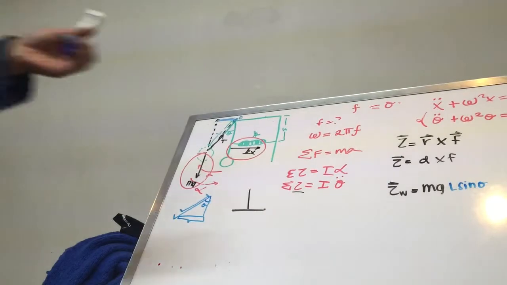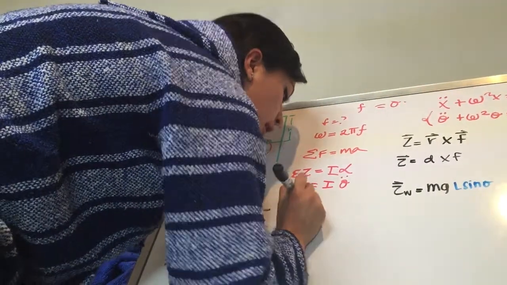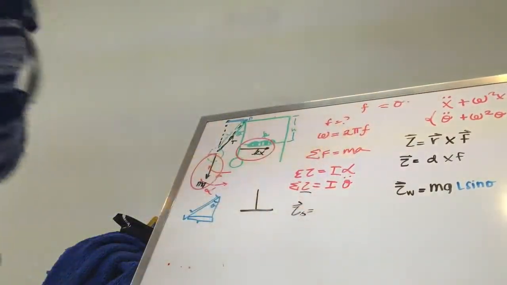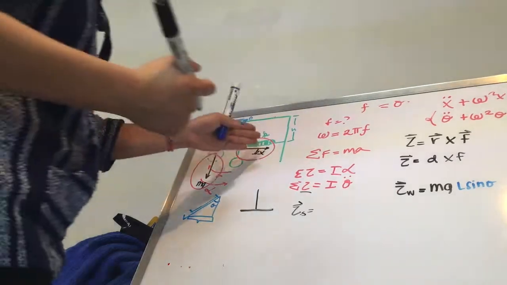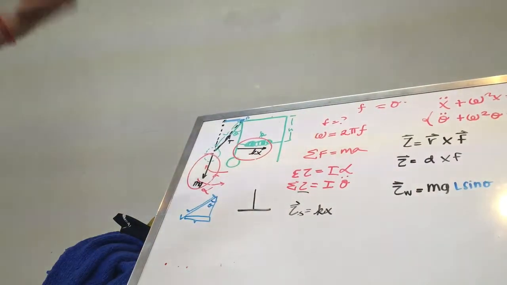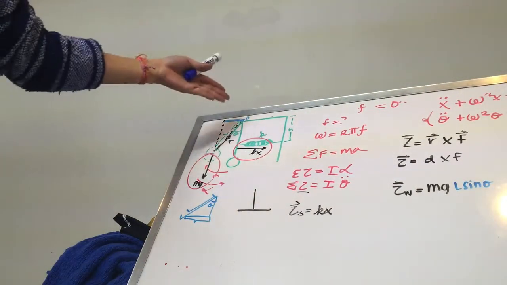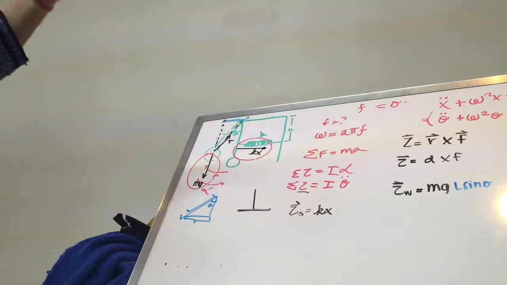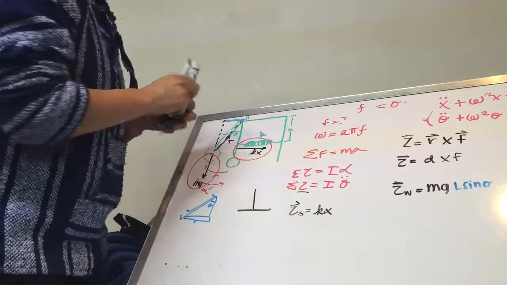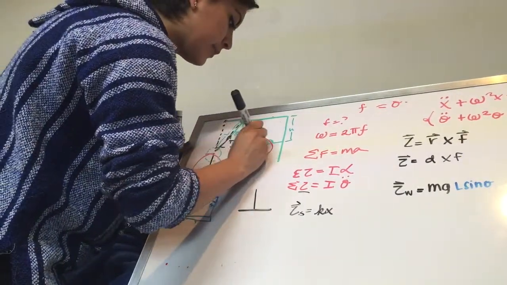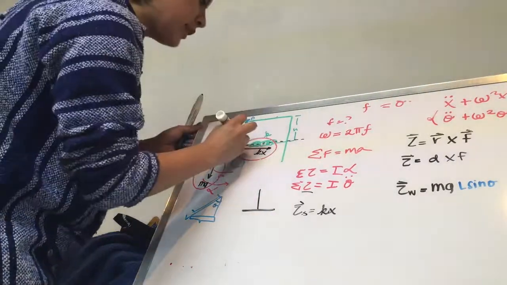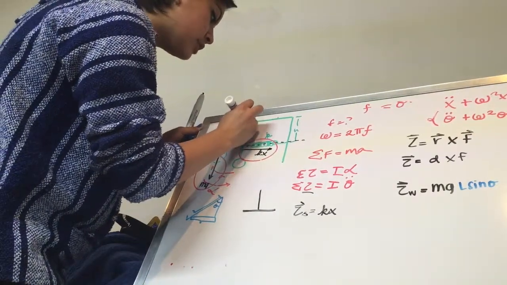And now we're going to determine the torque for our spring. For our spring, the force is K, the constant of the spring, times X, and then the perpendicular distance from the spring to the point P. Now we know this is the action line of our spring, so the perpendicular distance is going to be right here until this point.